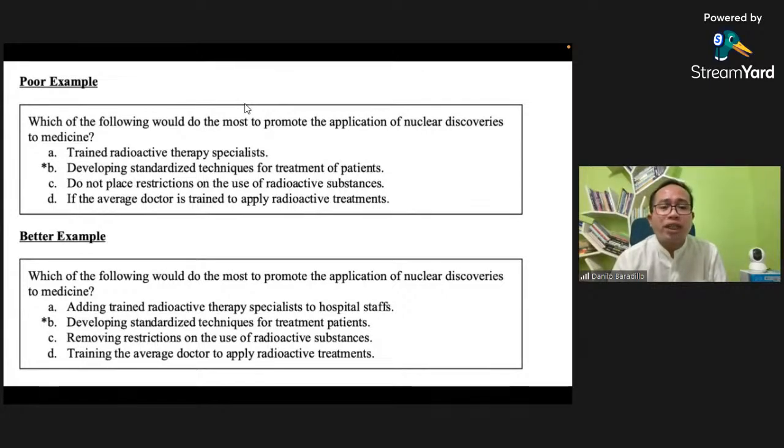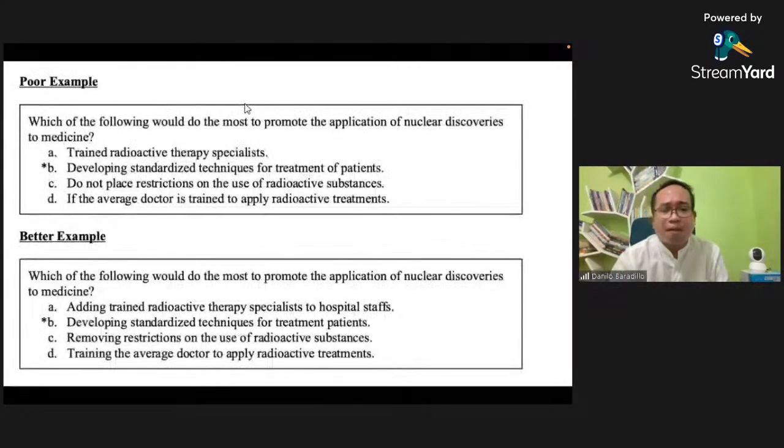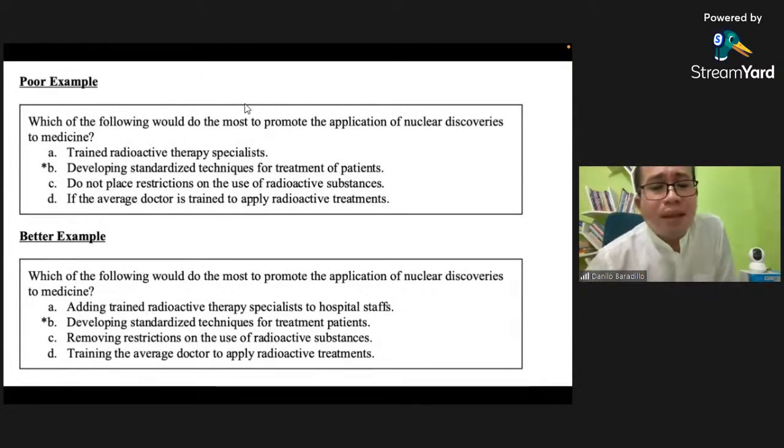Look at the choices. Some students would think that the inconsistent grammar is the sign of the distractor, and they are probably right. So it's the odd one out. That means letter B would be developing standardized techniques for treatment of patients. But if you want it constructed better, the alternatives should have been: training radioactive therapy specialists, developing standardized techniques, removing restrictions, training the average doctor.